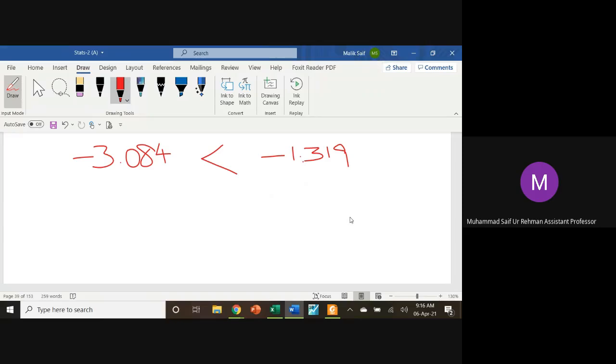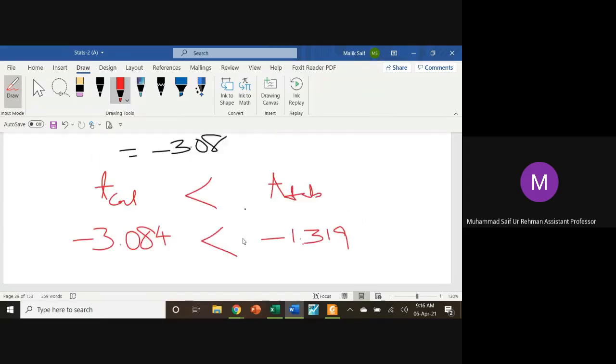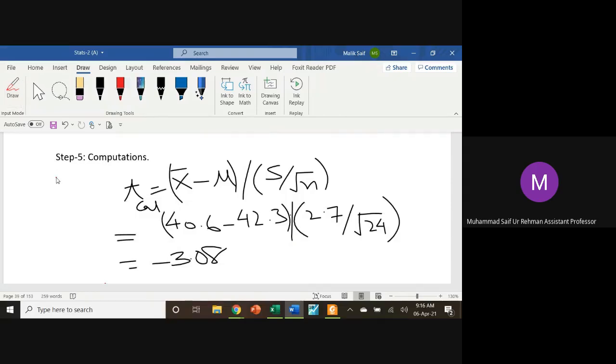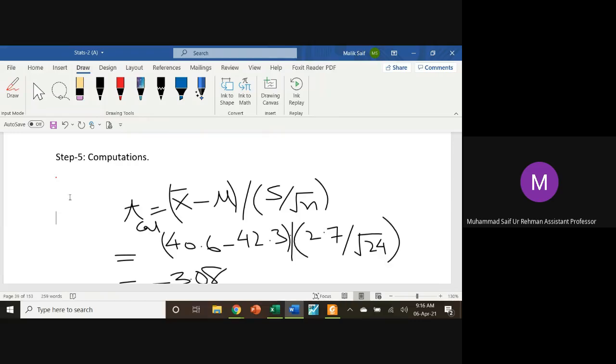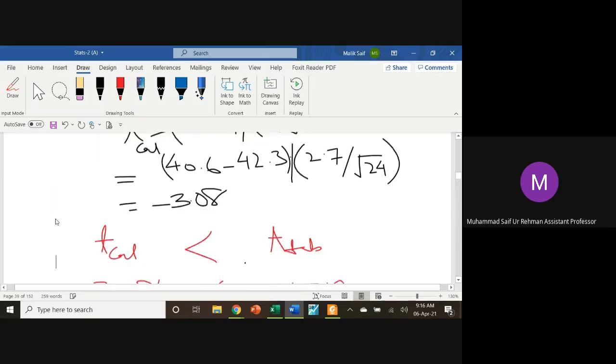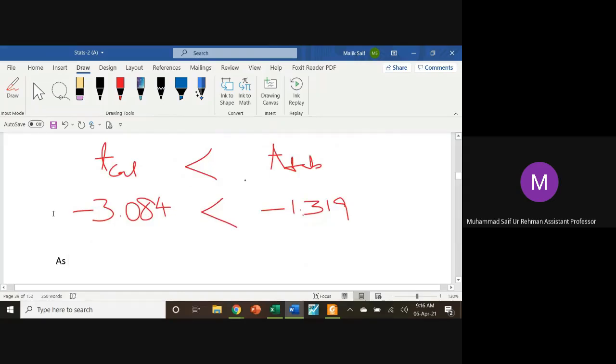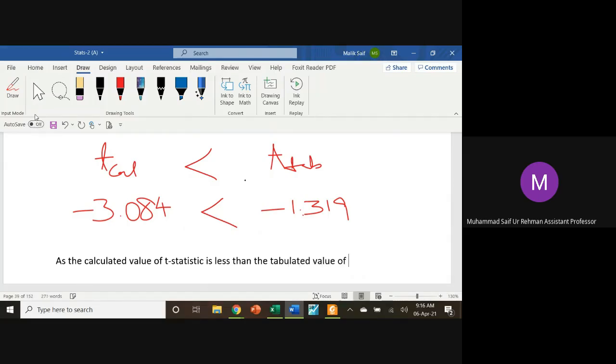So here you can write down, according to the given decision rule: as the calculated value of t statistic is less than the tabulated value of t statistic, we would reject H naught.